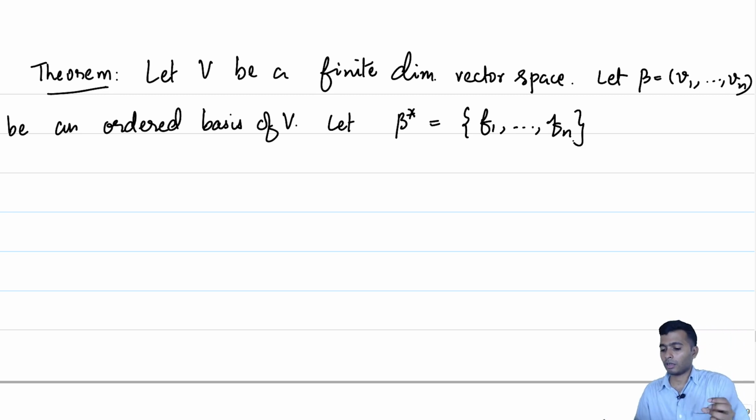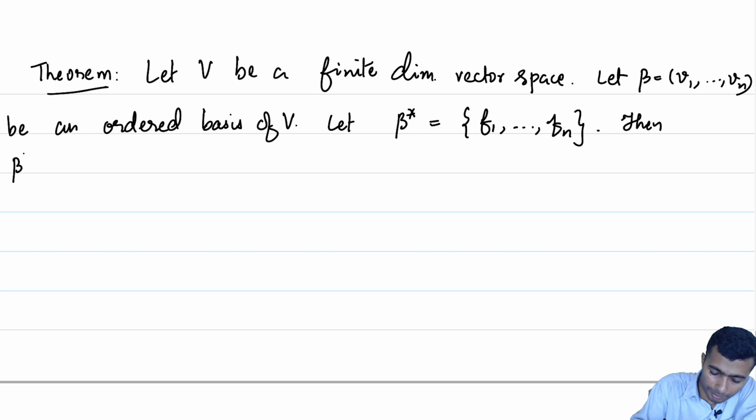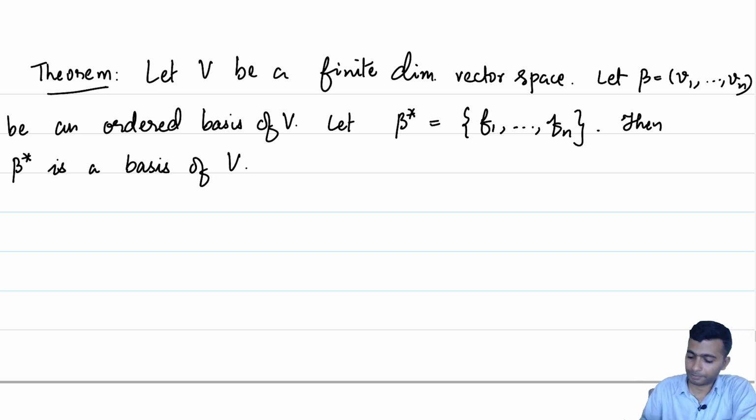For beta, Fi captures the ith coordinate of any vector V when written in the column representation. Let beta star be F1, F2 up to Fn. Then the statement says that beta star is a basis of V star.